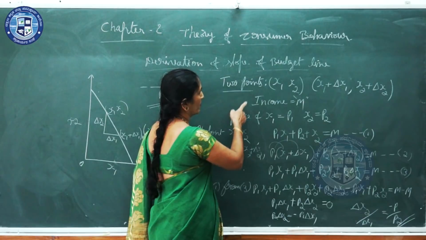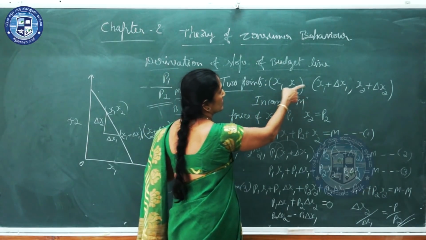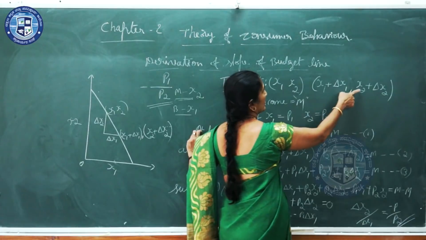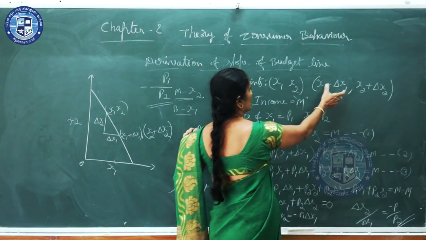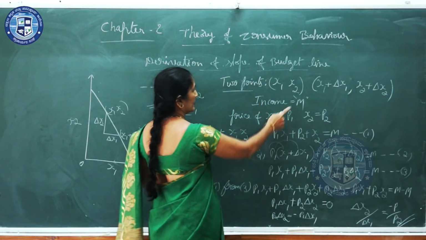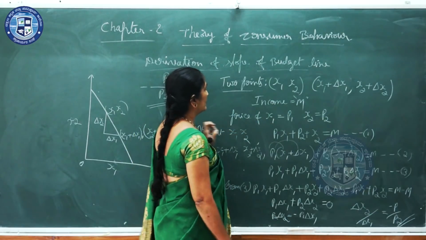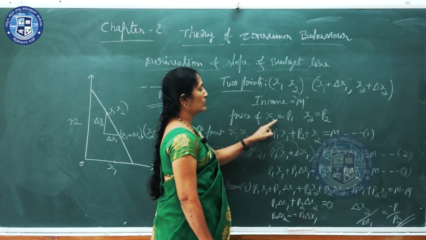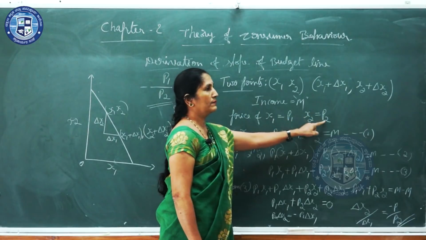To recap: there are 2 separate points, x1, x2 and x1 plus delta x1, x2 plus delta x2. The income is denoted by M, and the prices of the 2 commodities are P1 and P2.